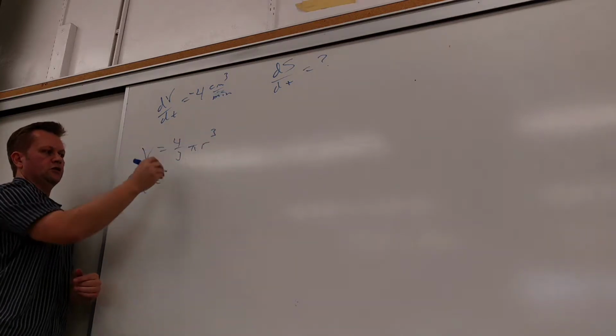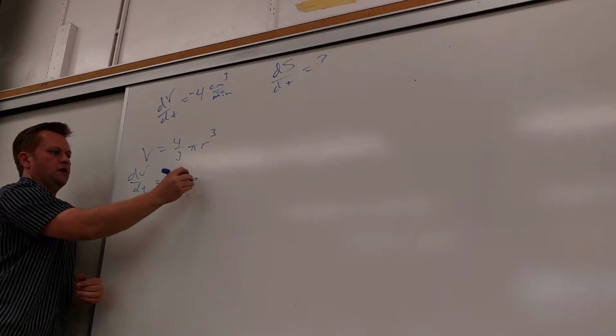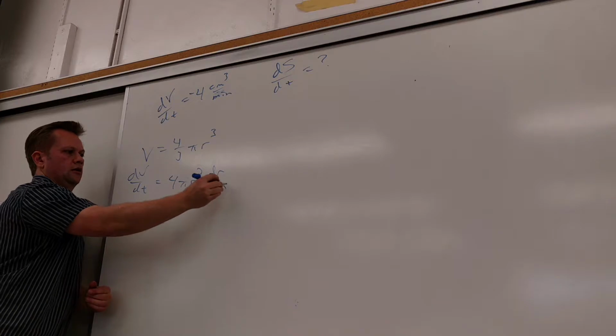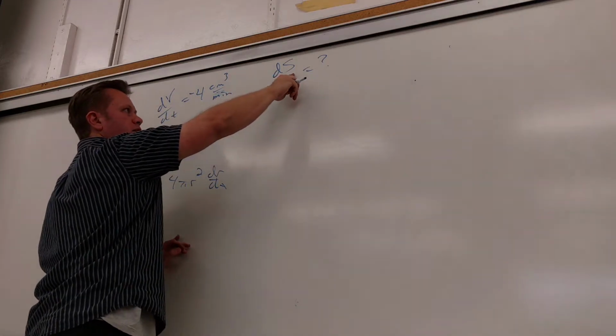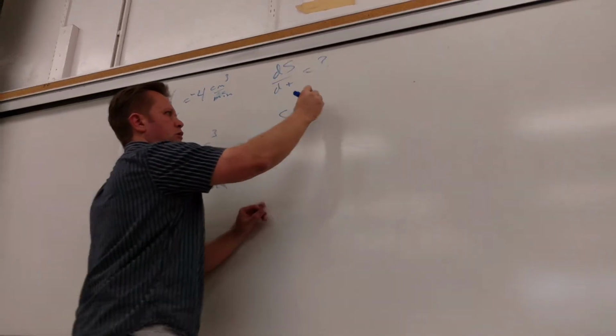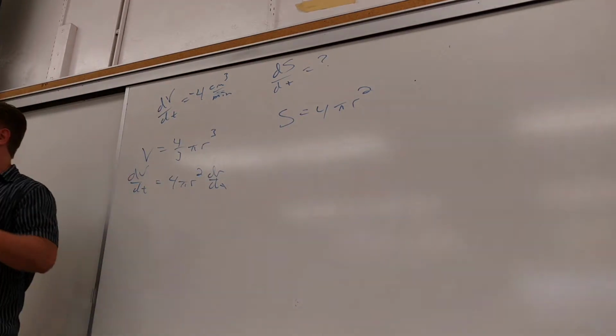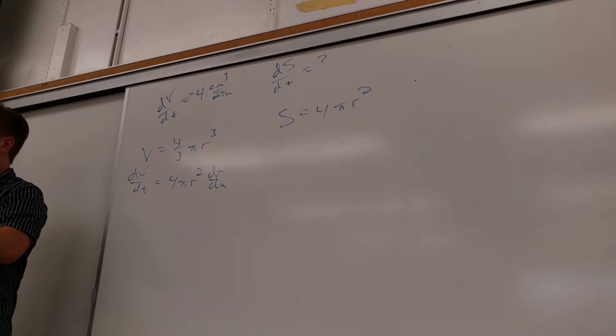Somebody said the 3's will cancel, so you have 4 pi r squared dr/dt. And they're asking me for this. So at the same time, let me plop down the surface area formula, which is inside the derivative of the volume, and there might be something I can do with that, but we'll see.